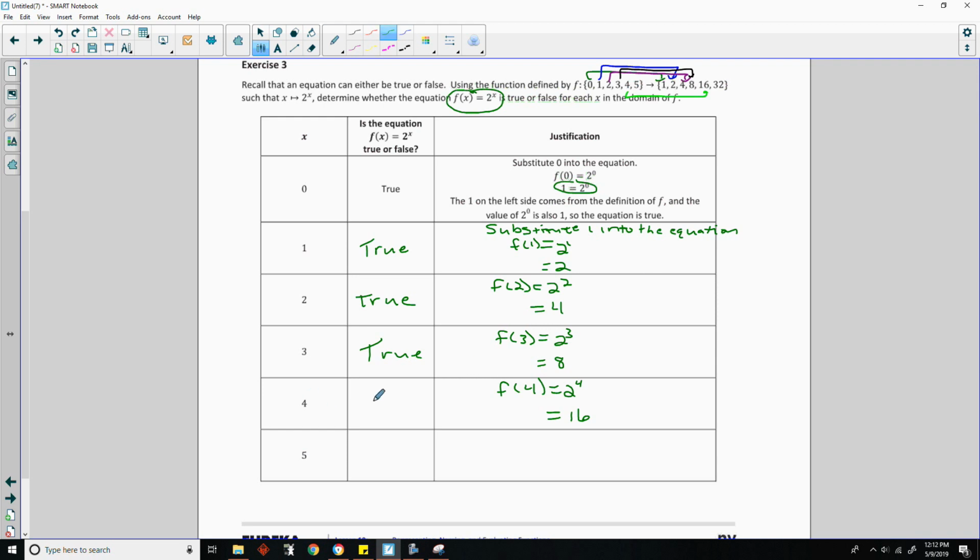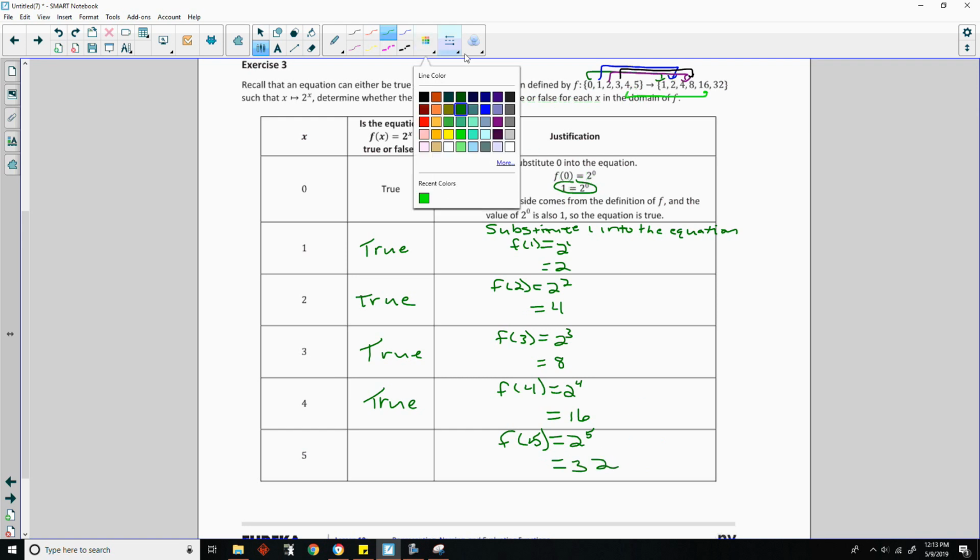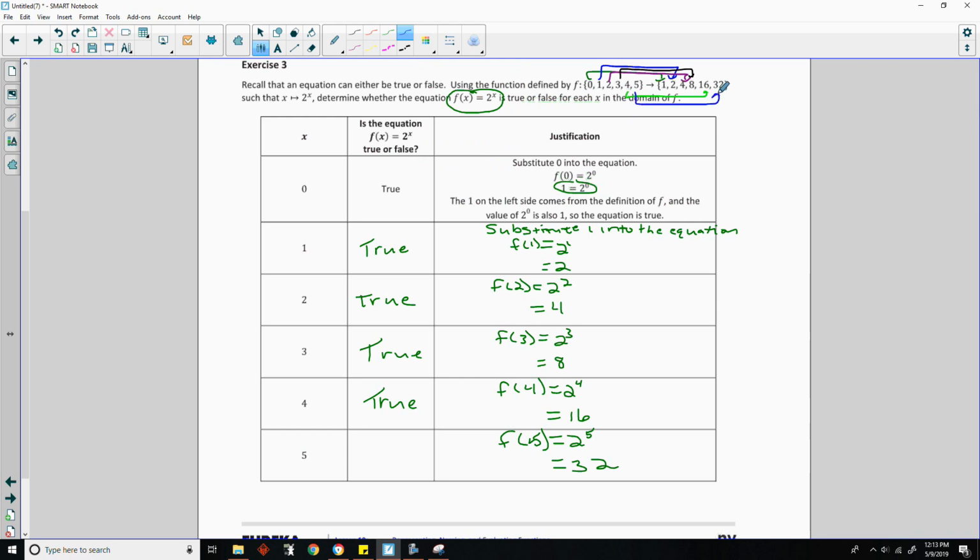So that is true. And the last one, substitute 5 into the equation, and we get f of 5 equals 2 to the 5th power, which equals 2 times 2 times 2 times 2 times 2, 5 times, which is 32. When I look at my mapping, 5 got mapped to 32 in the range, and therefore this is also true.